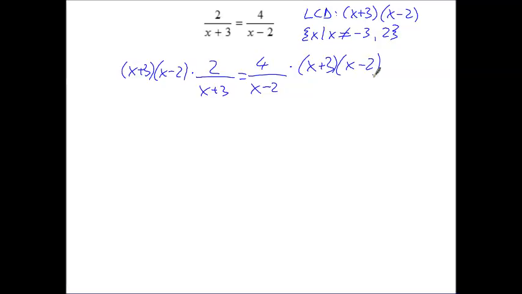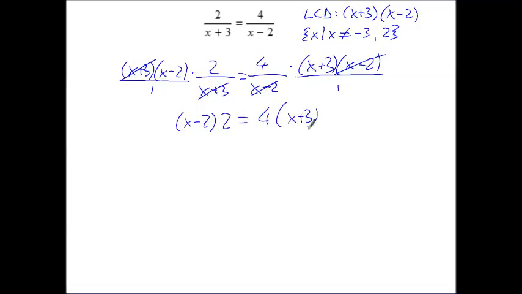And of course you can think of our LCD as having its own denominator of 1, remembering that we're now multiplying across numerator with numerator and denominator with denominator. But before we even start with the multiplying, let's see what we can get rid of. X plus 3 simplifies against the x plus 3 here, and x minus 2 simplifies against the x minus 2 here. And now I'm going to write x minus 2 times 2 is equal to 4 times x plus 3.